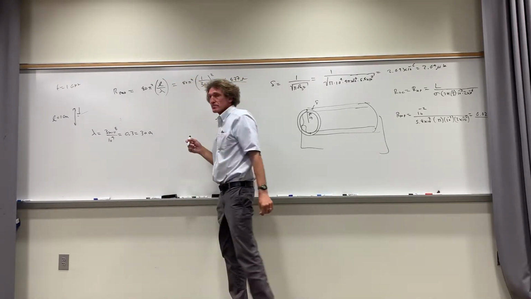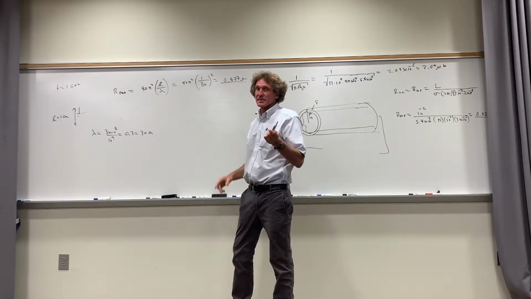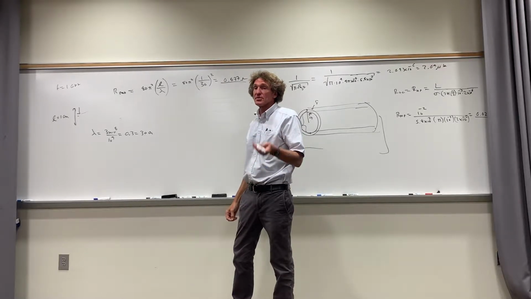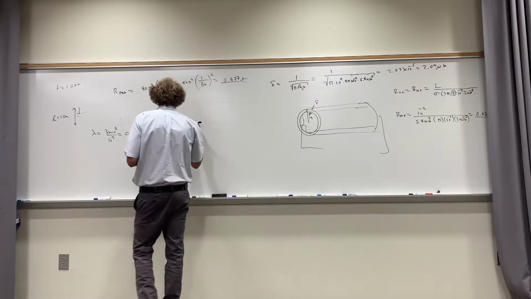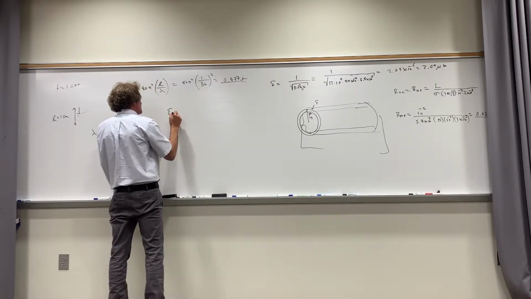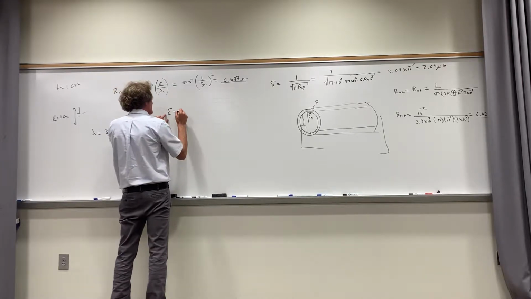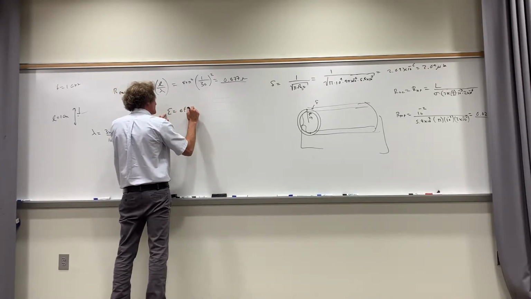Now that we have that, the next thing we do to calculate the efficiency of the antenna, what it really amounts to is this. Efficiency, I think the symbol is still epsilon. This is efficiency.